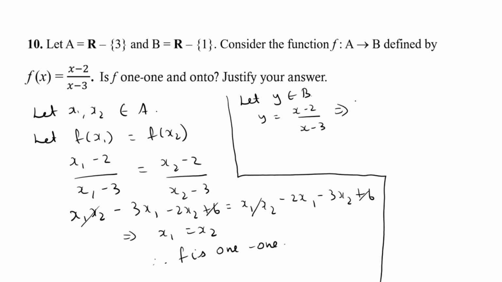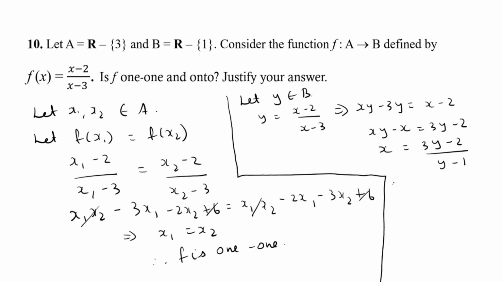So when we simplify, xy - 3y equal to x - 2, or xy - x is equal to 3y - 2, or x is equal to (3y-2)/(y-1).